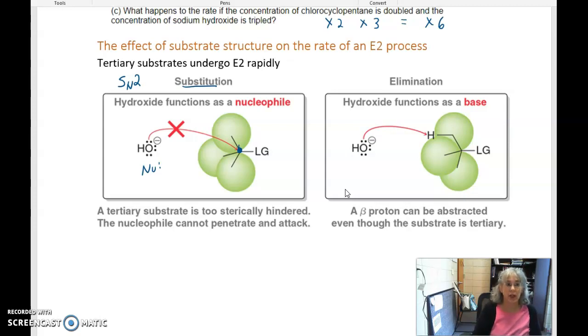This is a tertiary substrate. This carbon is attached to 3 different groups and a leaving group, which is our halogen. And this nucleophile cannot get into the middle, and so a tertiary substrate is too sterically hindered, and the nucleophile cannot penetrate and attack.